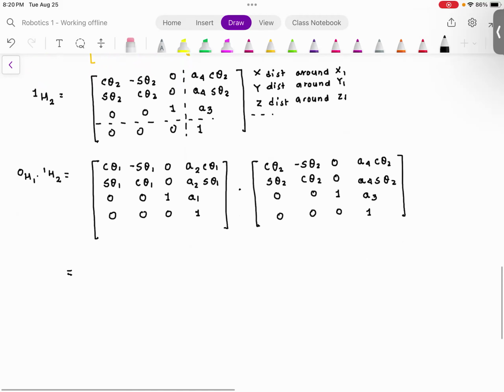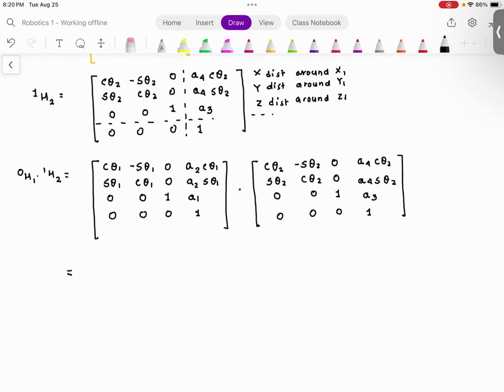Now I have to perform this long multiplication. Just in case, I hope you know how the matrix multiplication is carried out. First row multiplied by first column. So cosine theta 1 will get multiplied with cosine theta 2, minus sine theta 1 will get multiplied with sine theta 2, 0 will get multiplied with 0, and A2 cosine theta 1 will get multiplied with this 0. Everyone comfortable with matrix multiplication?